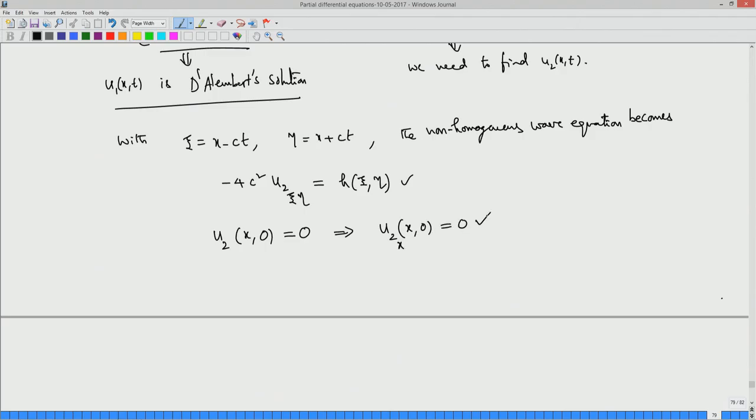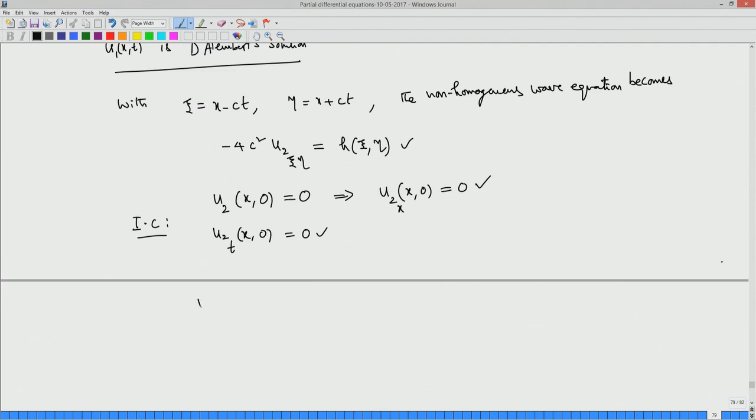Okay. So, you simply differentiate u2 with respect to x, and you will see that this is true. Now, what is the other initial data? The other initial condition is u2t at x,0 equal to 0. Okay. So, this is the other condition.